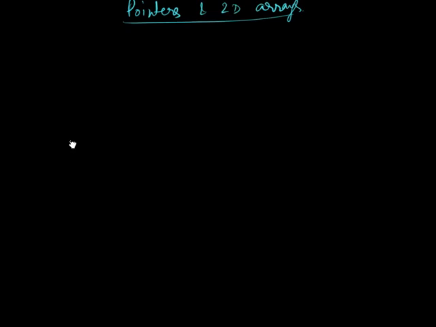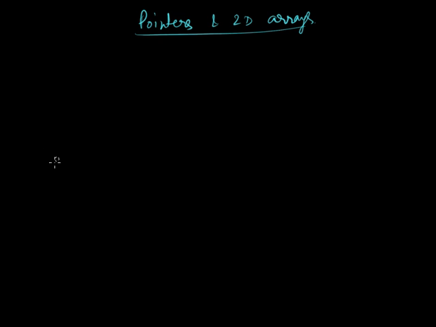Okay, it's the time to learn about pointers in association with 2D arrays. Now what we learnt in 1D arrays is that if we have an array of 5 elements, A will give the base address. Right?